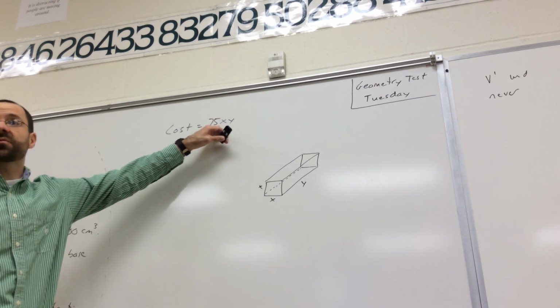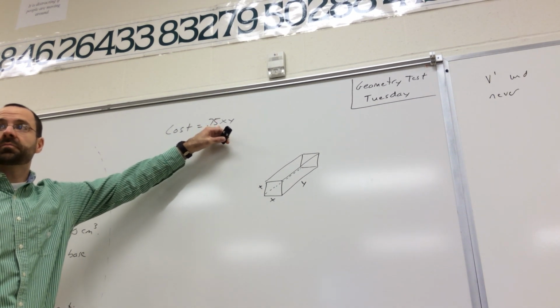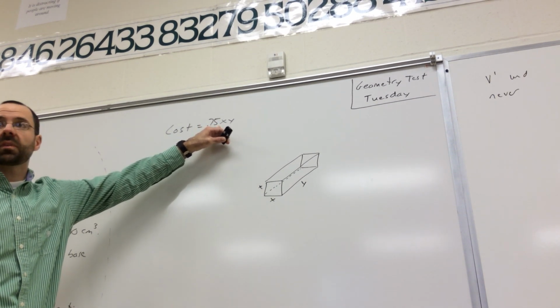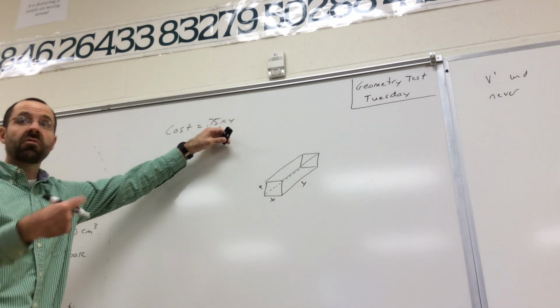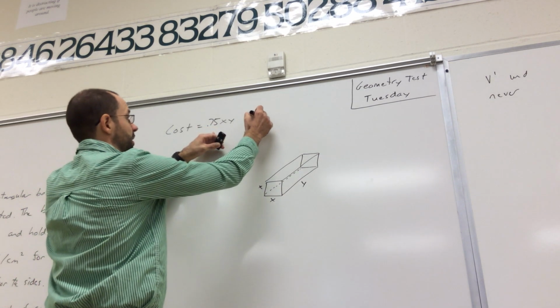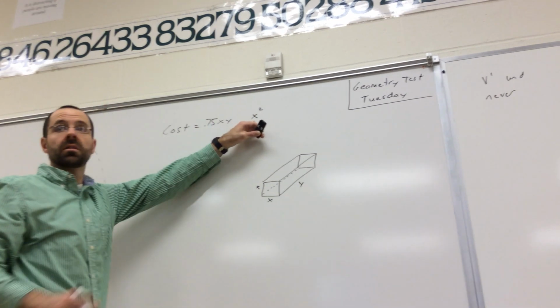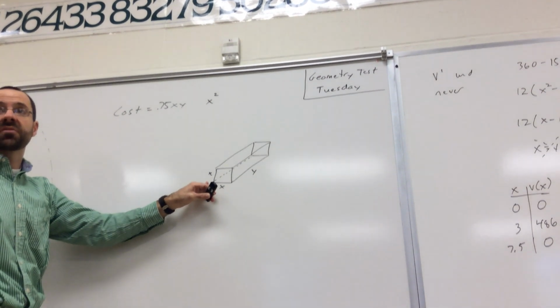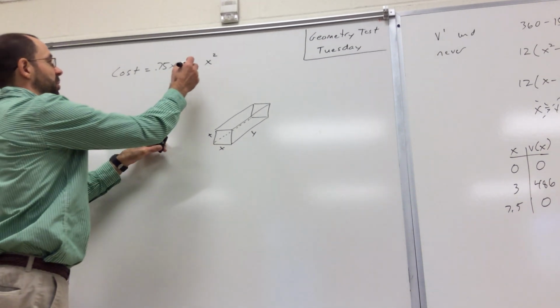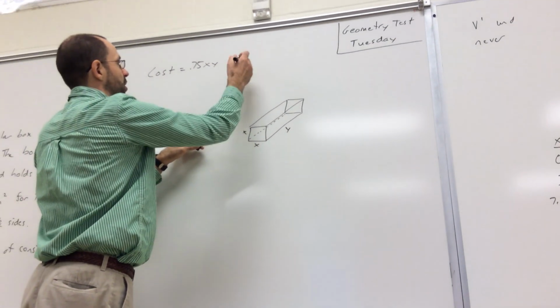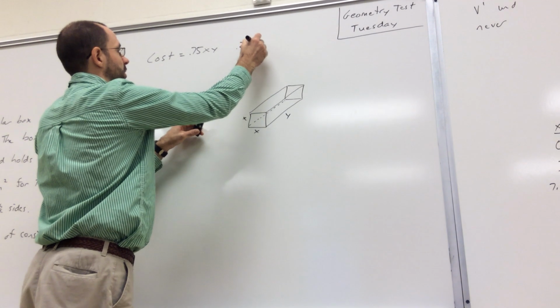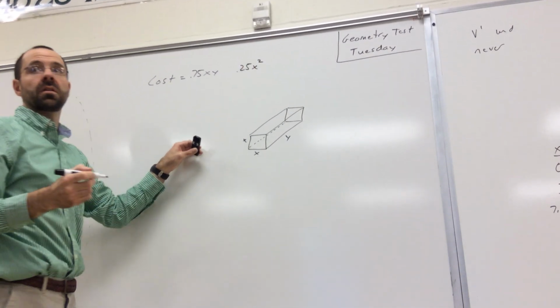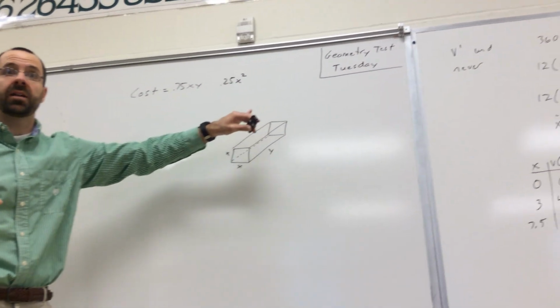So this is the cost for the bottom. And then for the front, the area is X squared. And then that costs 25 cents per square centimeter. So you're going to multiply that by 25 cents to get the cost. And the back is the same way, right?